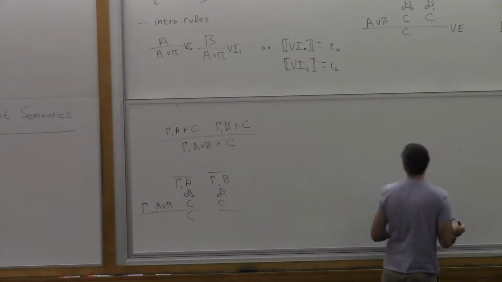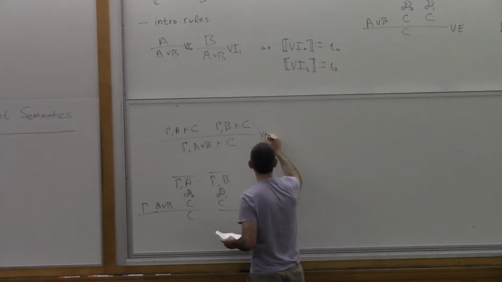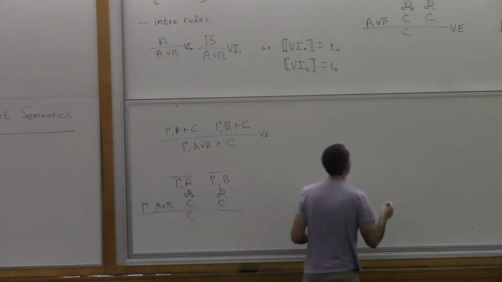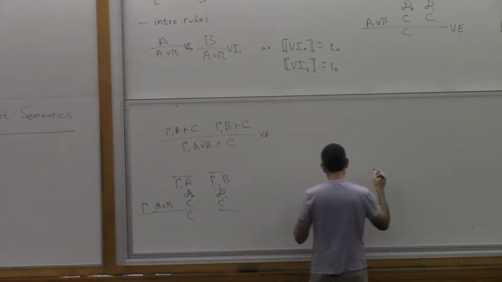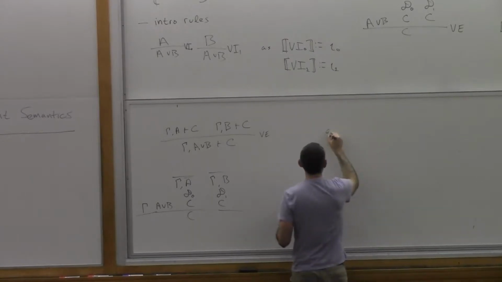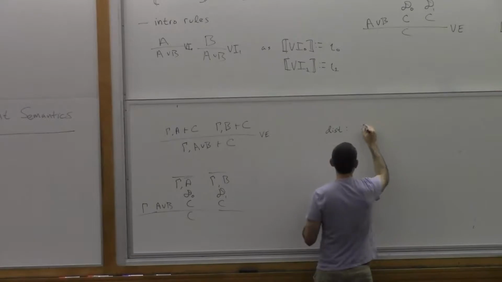So the real rule, this one. That's the fake rule, which I should annotate, would be equivalent to the real one if we have this map that I'll call dist, which is for distributivity.